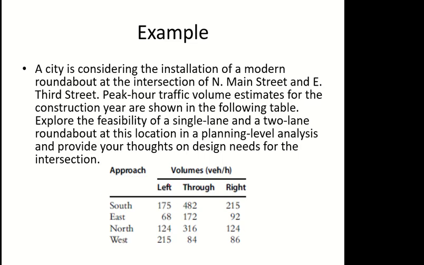Then I need to find out the percentage of left turning. So what is the total of left turning movement here? What is the total of this column, the left turning column?